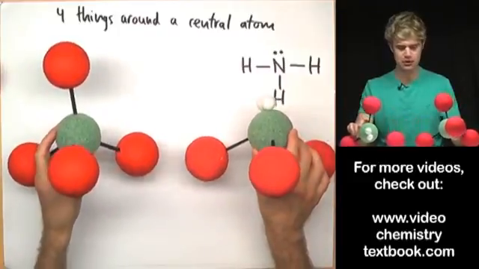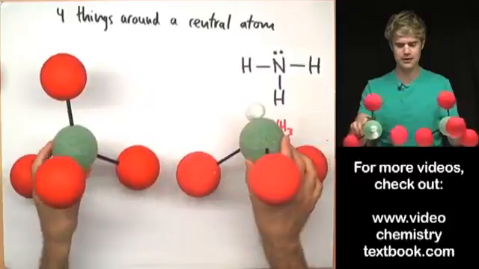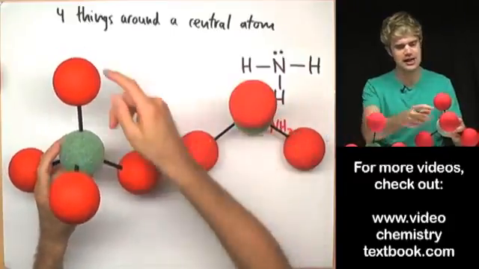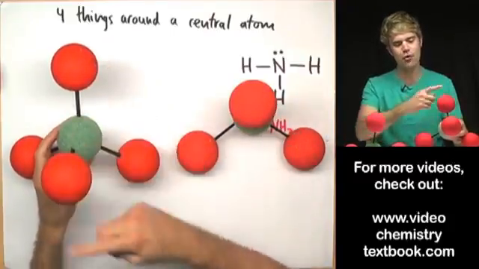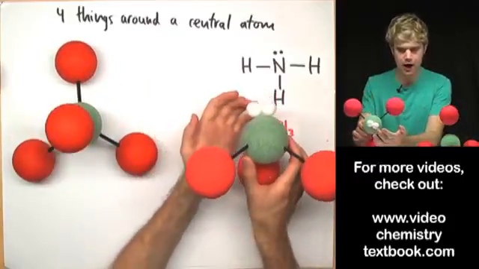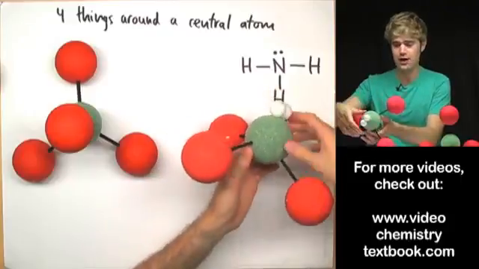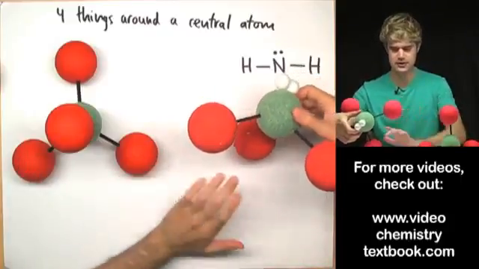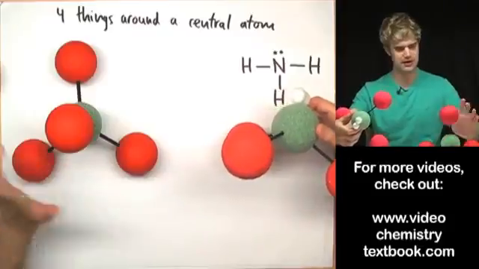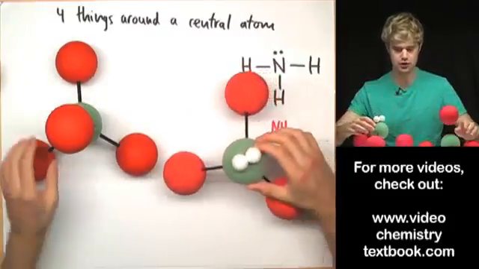Look at how similar it is to the tetrahedral shape, okay? I'm sort of showing them on their sides here. It's just that the atom that was up here when we had 4 atoms around the central atom has been replaced by an unshared electron pair here, okay? So we've got 3 atoms. 3 atoms are the same between this, and it's just this atom has been replaced by an unshared electron pair.